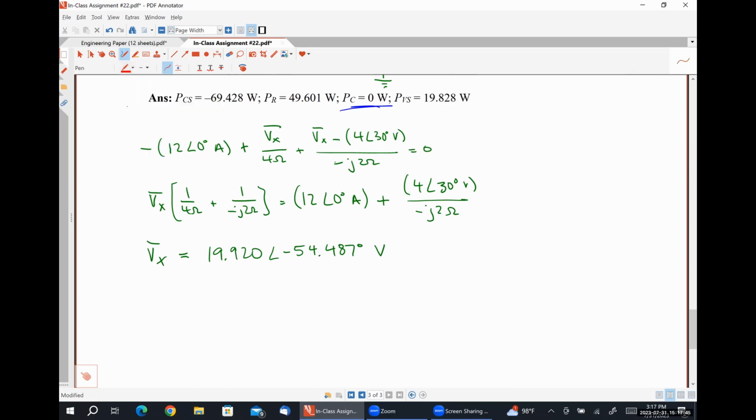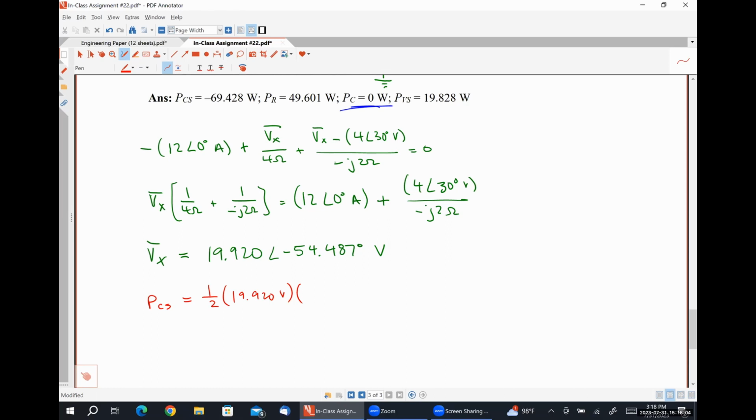So PCS. Let's see here. We're going to have 1/2 times the magnitude of the voltage, 19.920 volts.